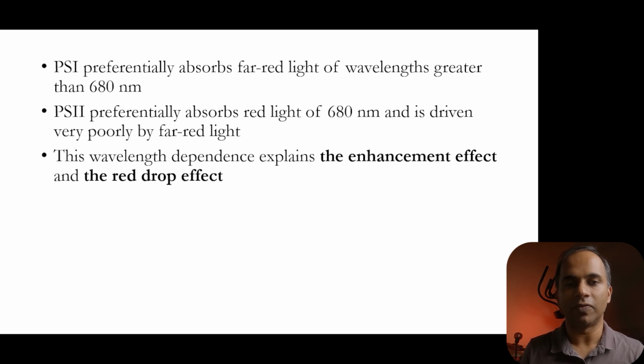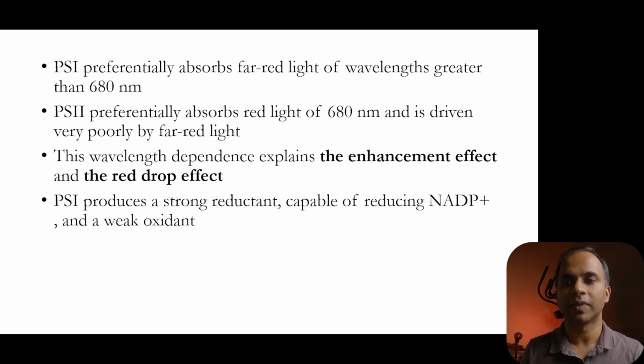Okay, so our photosystem 1, as you can remember, produces a very strong reductant, and this strong reductant has the ability to reduce NADP+ and make a weak oxidant.